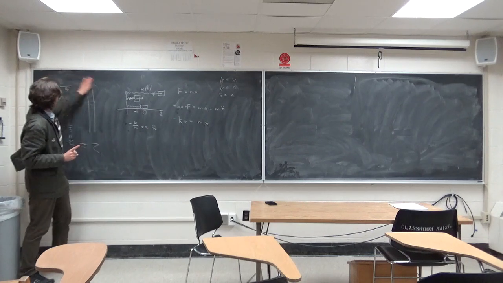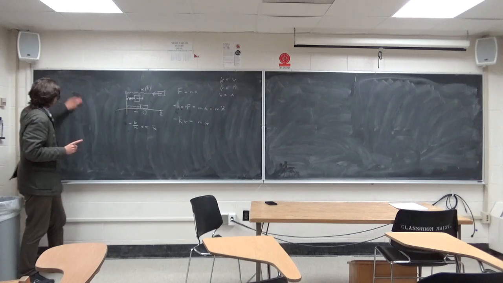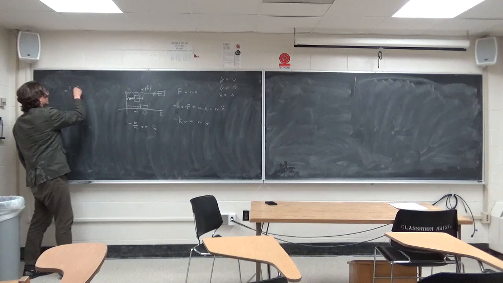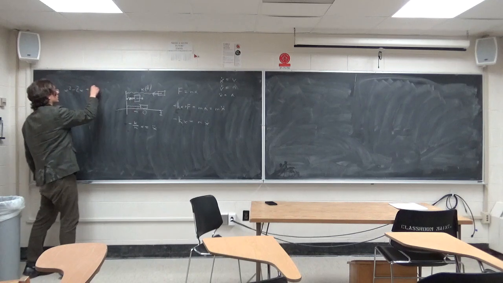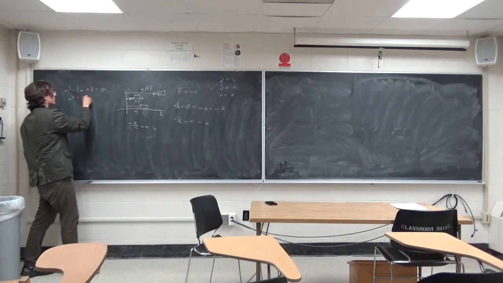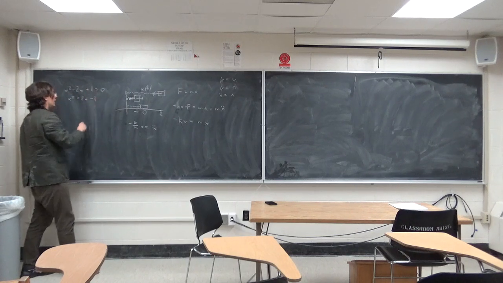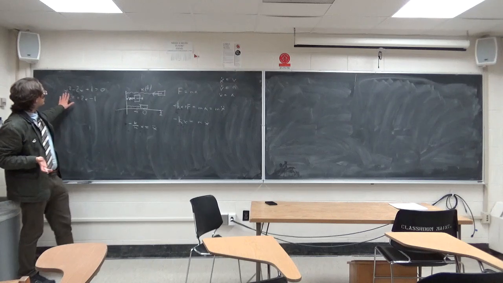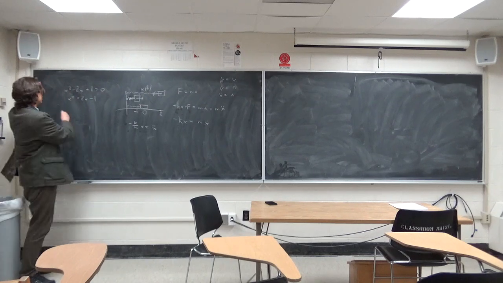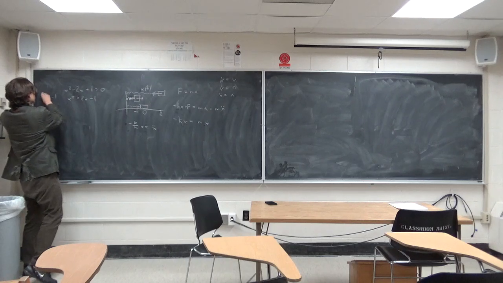Alternatively, you have equations that look something like x squared minus 2x plus 1 equals 0, which I could also rewrite as x squared equals 2x minus 1. And the idea is, there are certain numbers that will satisfy this.